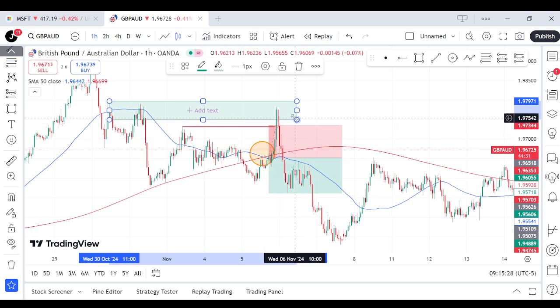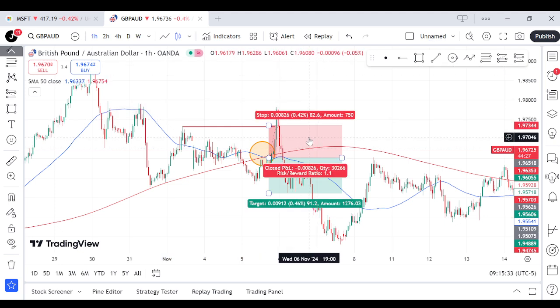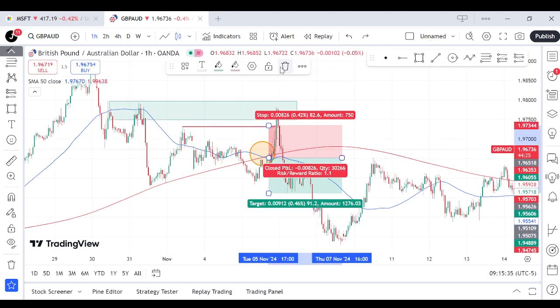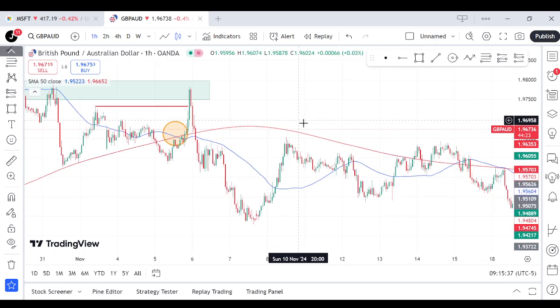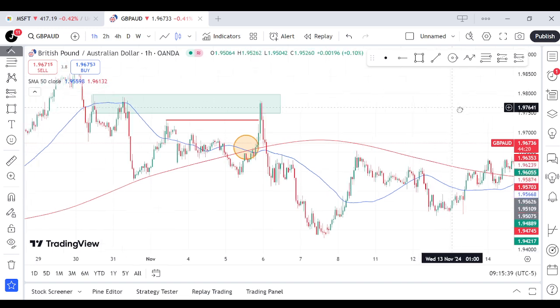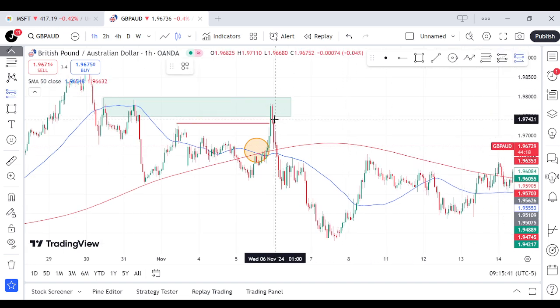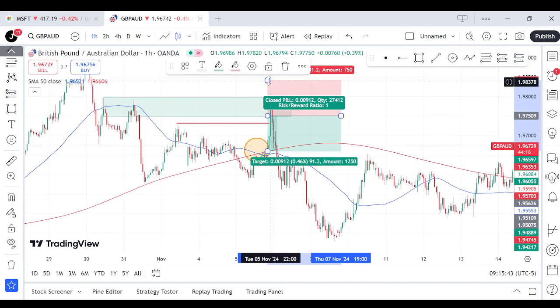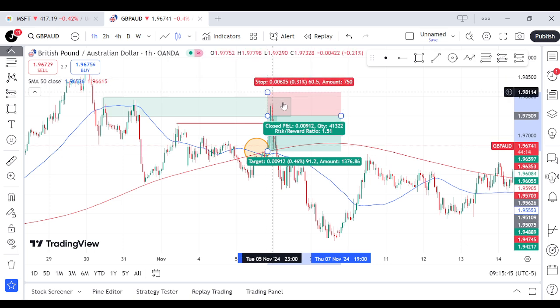So this is why it's very wise to always wait for price to get back into major resistance or support levels before you take your trades. So looking at this, I'm just going to place my short trades, my sell orders here, and stop loss above this high.